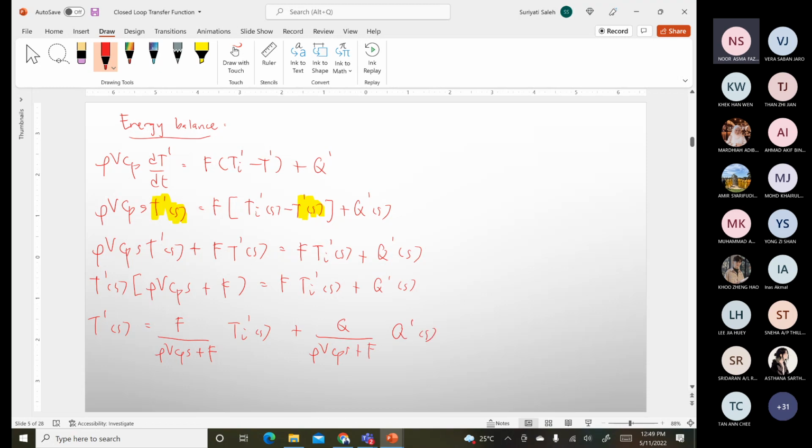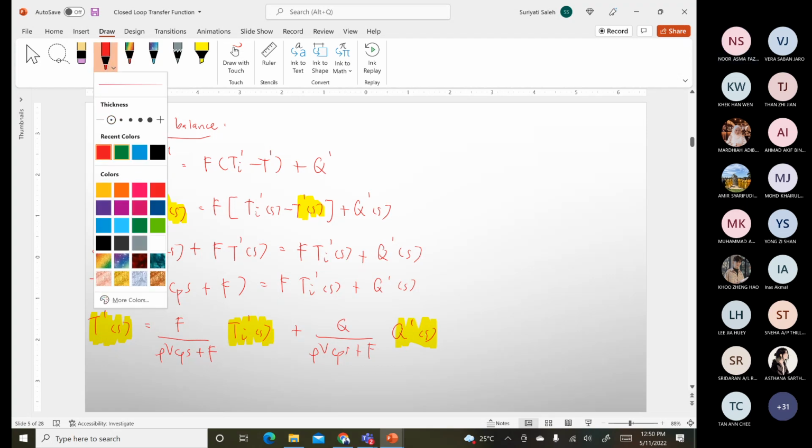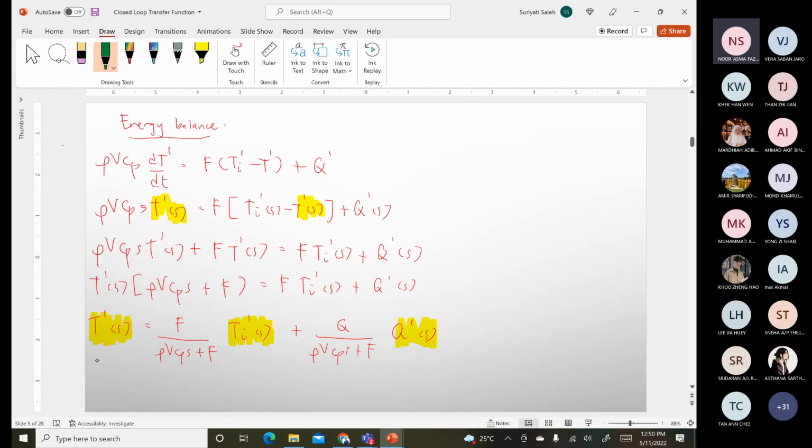So this is just an example to give you the idea how the Gp and Gd can be obtained. Based on the following mathematical model, you have one output. The T prime is your output. The Ti prime and the Q prime represent your inputs. So this is your output, input 1, input 2.